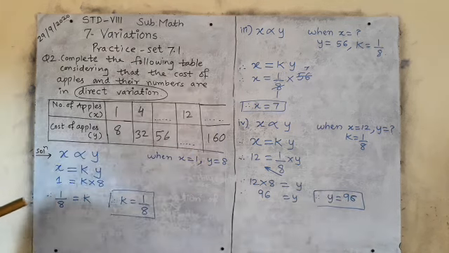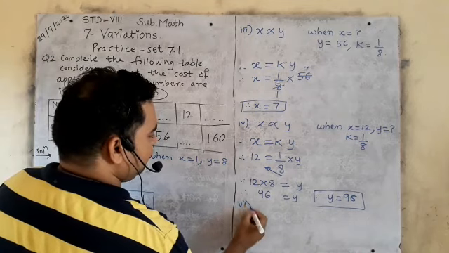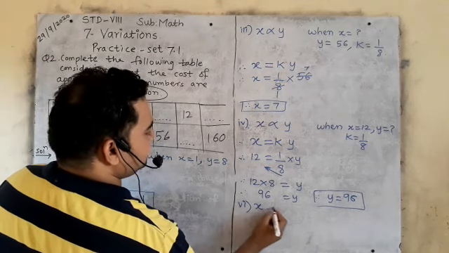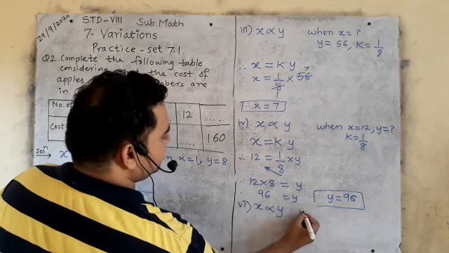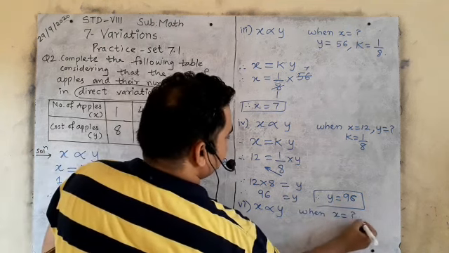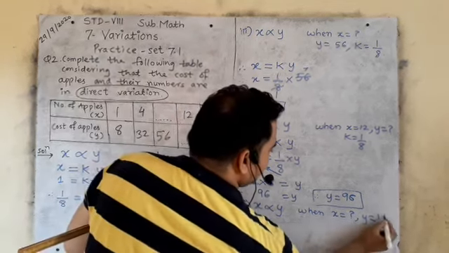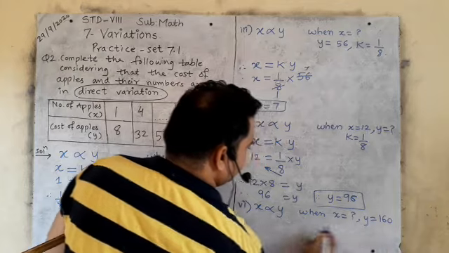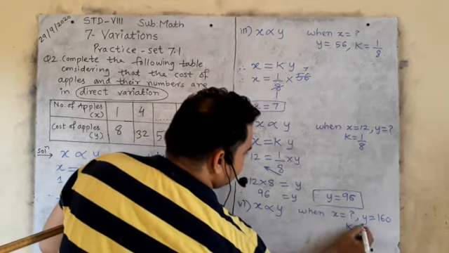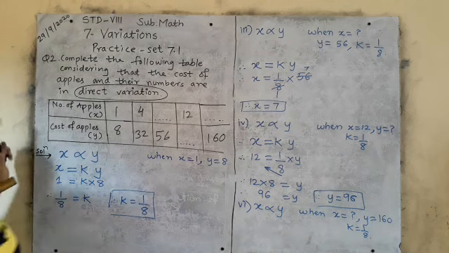Is it clear? Now you have to find the third one. Here X value is not given, Y is given. So you will write the sixth one, that is X is directly proportional to Y when X is equals to question mark, Y is equals to 160, okay, and K value is, in the beginning we came to know, 1 upon 8. So use this value only.